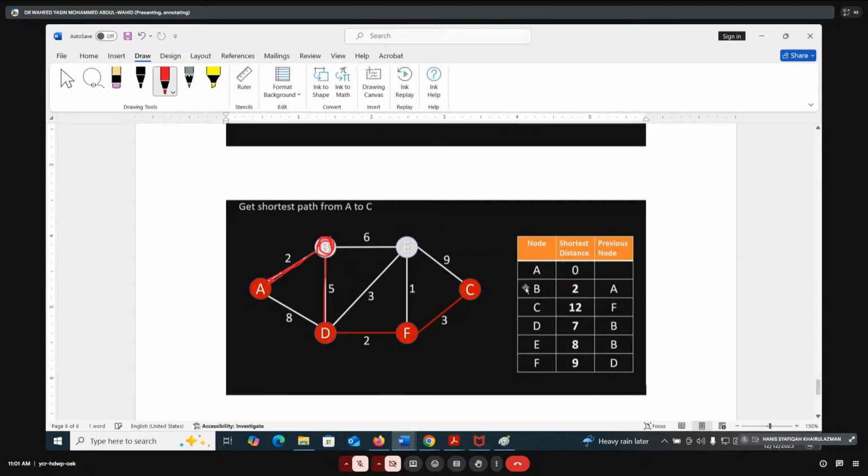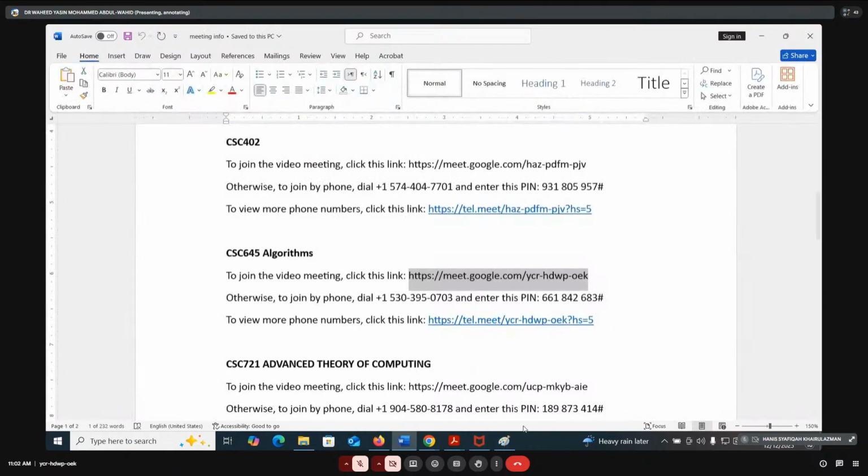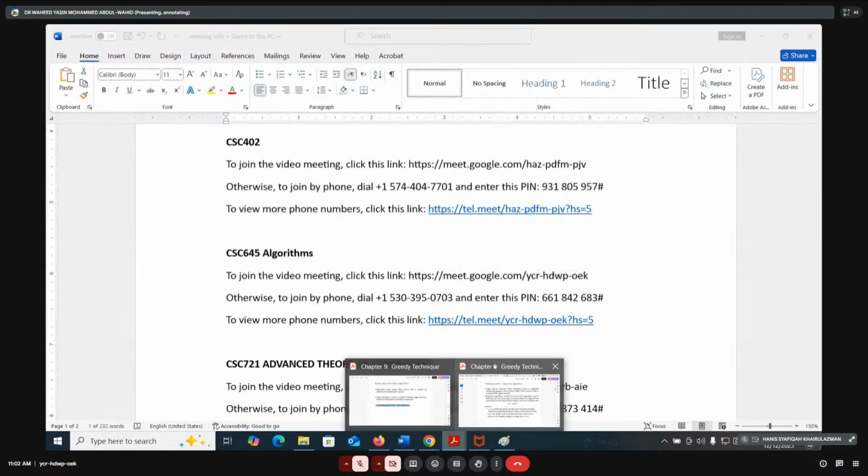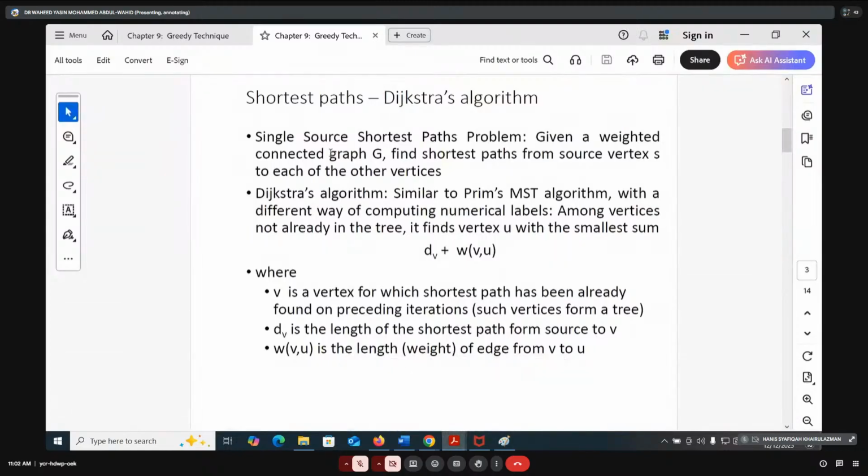This is the Dijkstra algorithm. Clear? So now, the single-source shortest path problem: given a weighted connected graph G, find the shortest paths from source vertex S to each of the other vertices. The Dijkstra algorithm is similar to Prim's MST algorithm, with a different way of computing numerical labels among vertices not already in the tree.